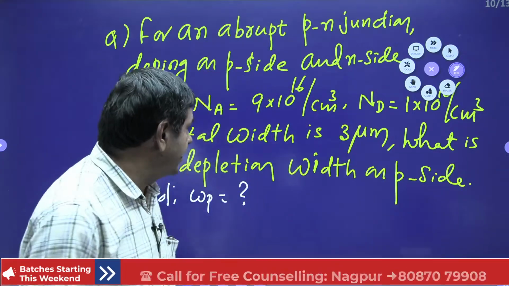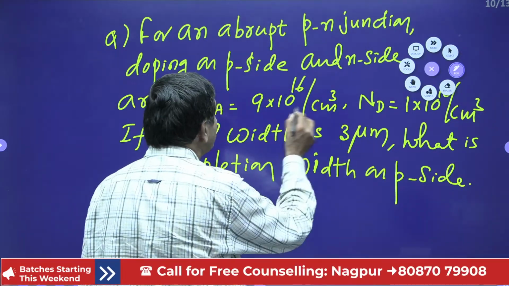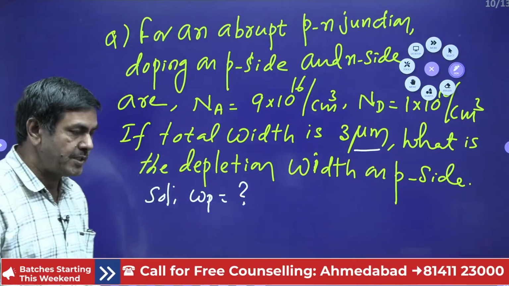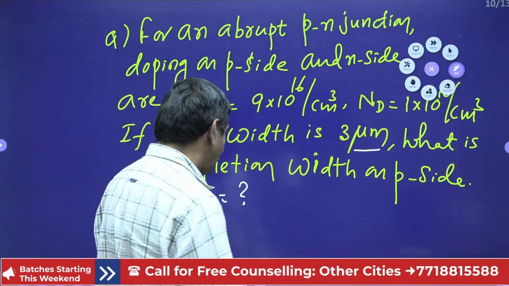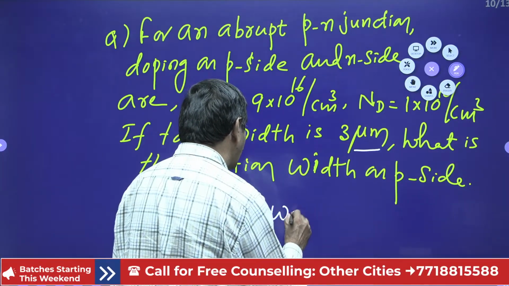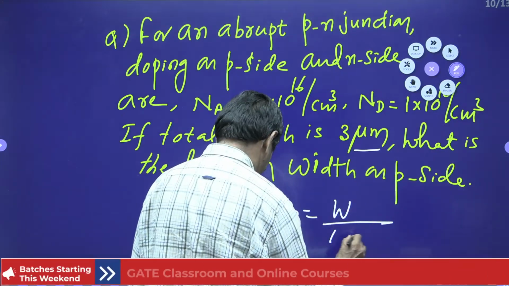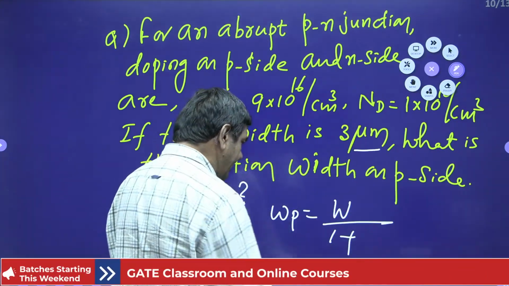When W is given in the problem, you use the formula I gave already: WP equal to W by 1 plus NA by ND.